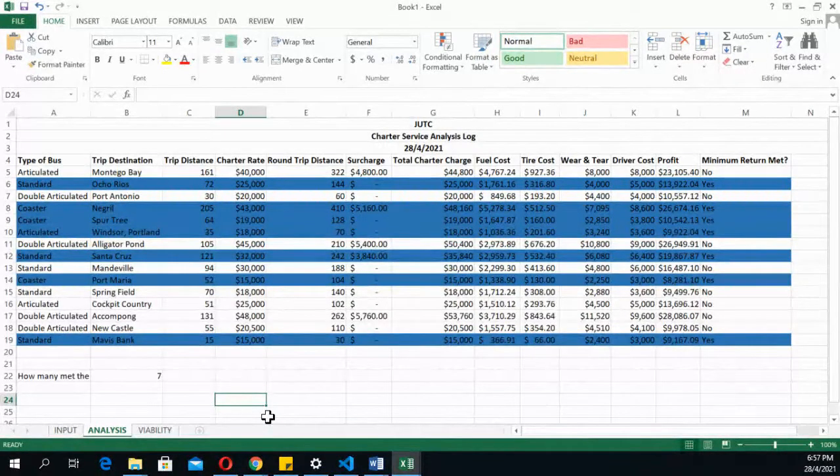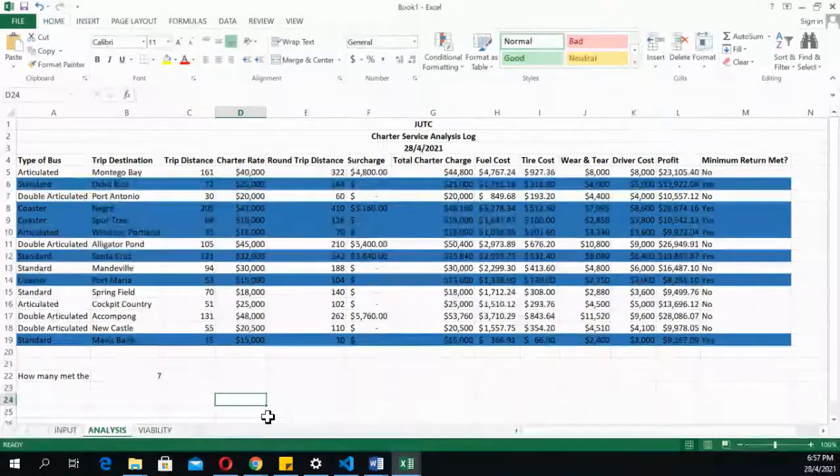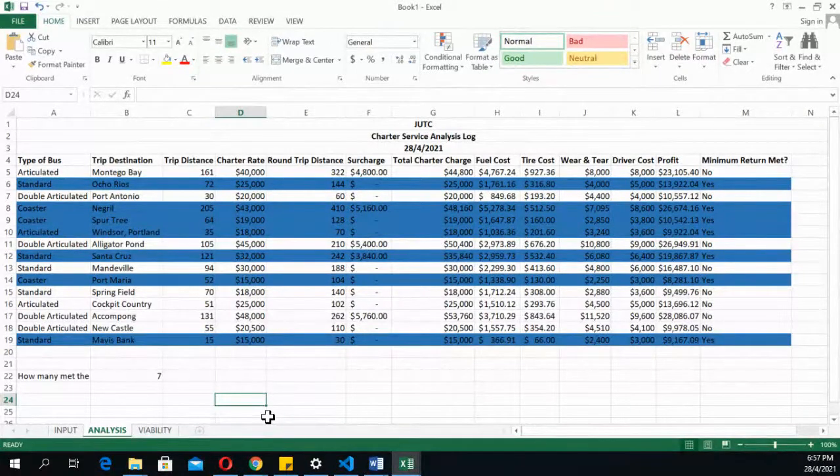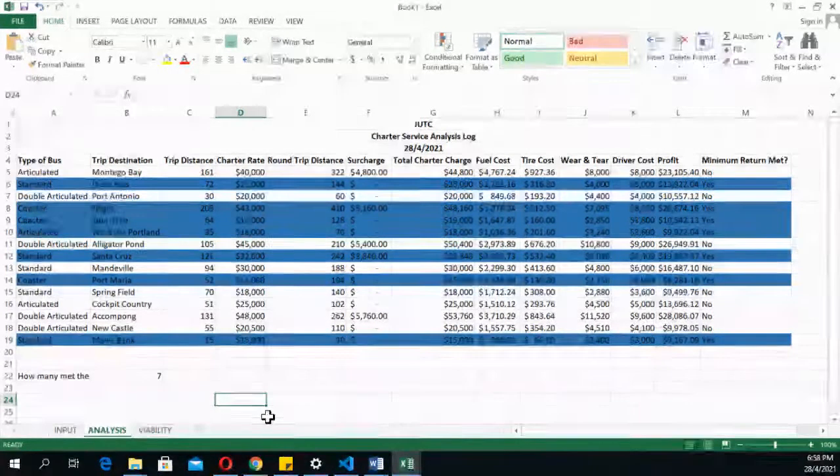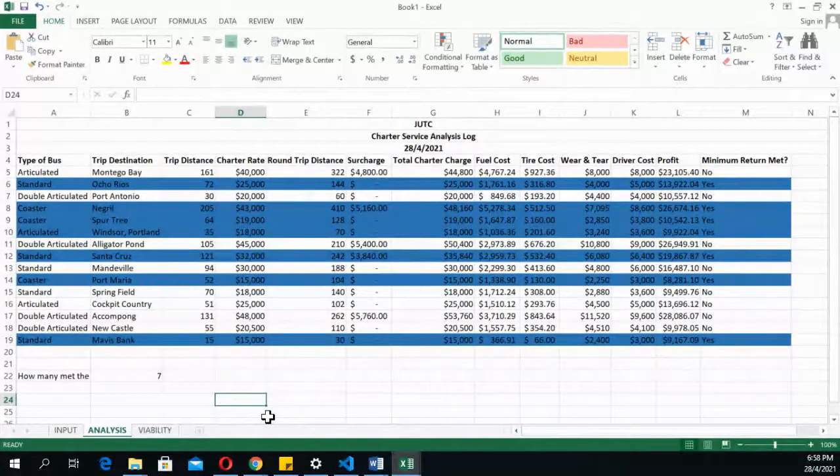All right, let's not use count. Let's use: what's the total profit for all articulated buses that met the requirement and all coasters that traveled over 200 kilometers. So let's go back with that.